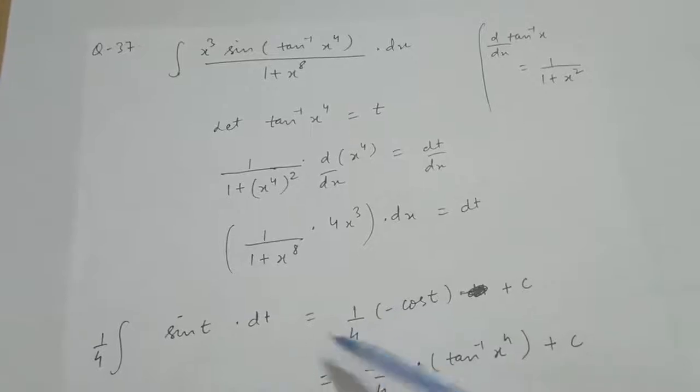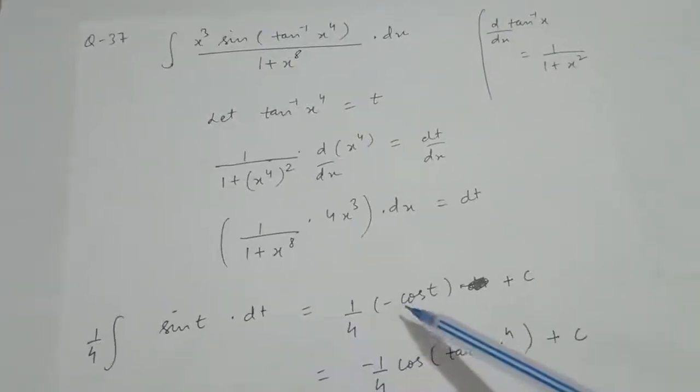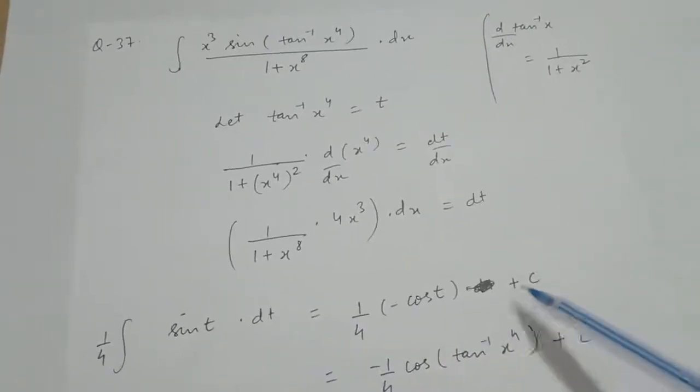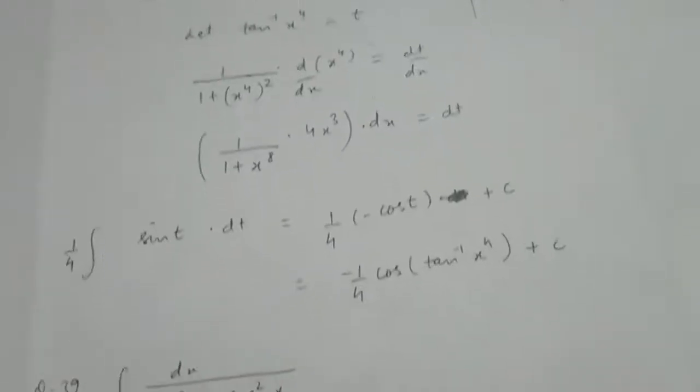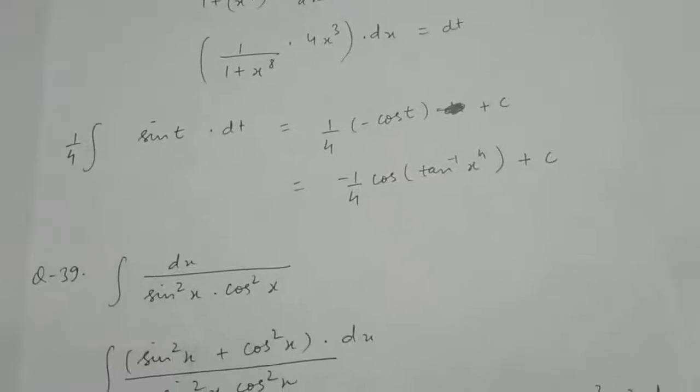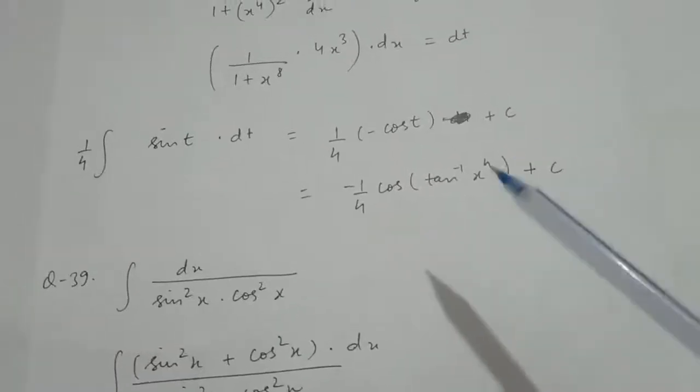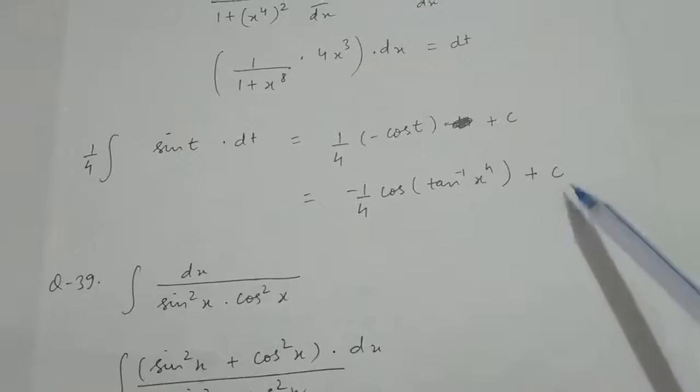Now 1 by 4 as it is, the integral of sin t is minus cos t plus c. In place of t, now put this value, so you will get the answer as minus 1 by 4 cos(tan inverse x^4) plus c.